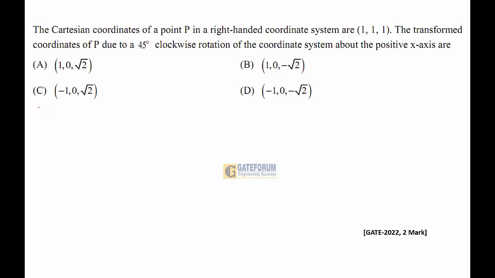The solution is, so Cartesian coordinates are usually denoted by small x, small y, small z. So let x, y, z be the Cartesian coordinates of the point P. Already values are given, 1, 1, 1. Okay.